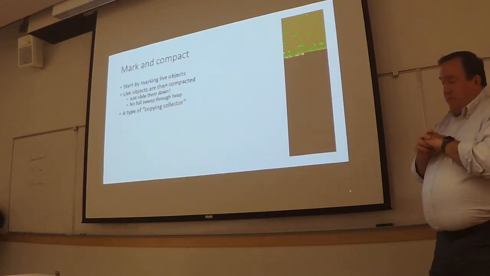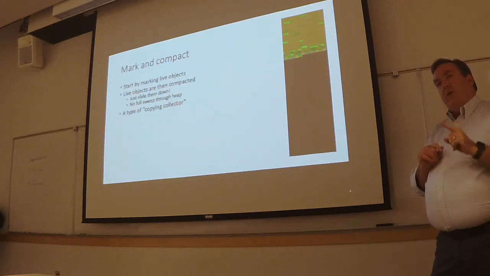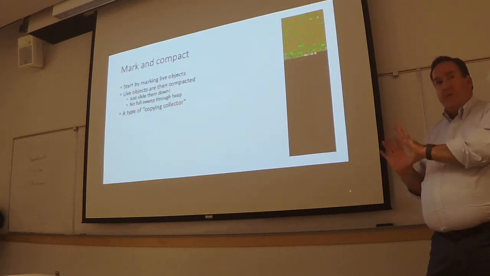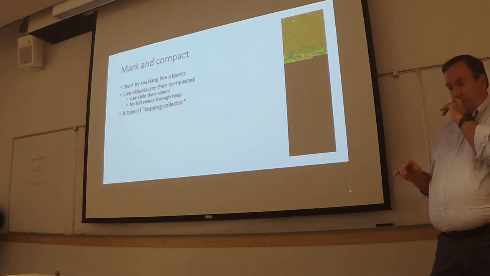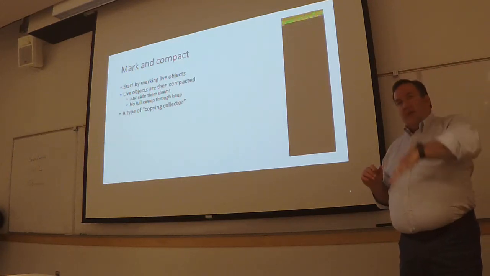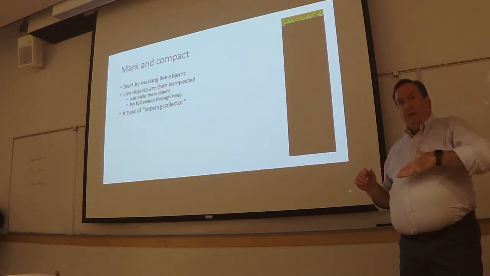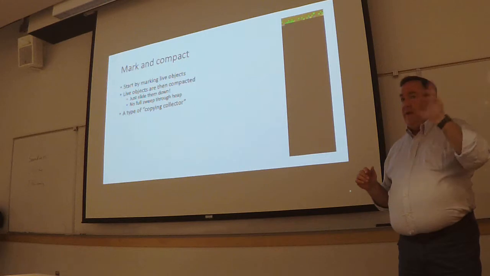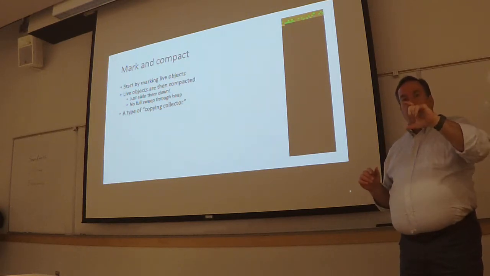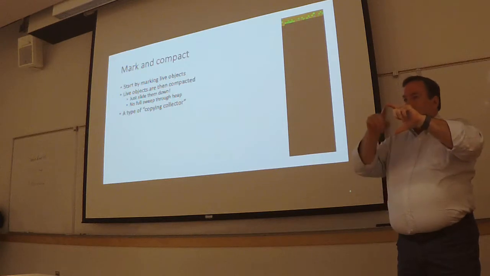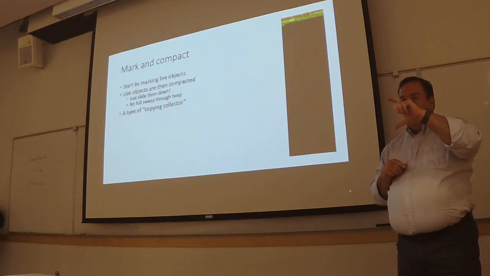So what Mark and Compact will do is make one pass through first, figuring out where everything's going to go, but not moving it yet. Disk defragmenters usually do that too. Then you make another pass through, and you're actually moving it and updating the addresses with the root set. But also, as you move a block, you look to see, oh, are there any pointers in this block?